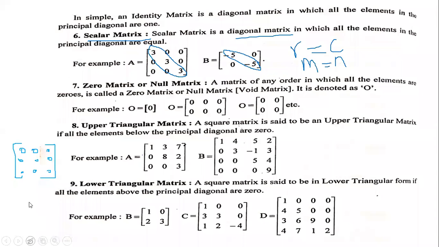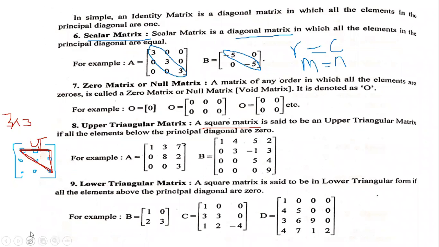So let's say it's a 3 into 3 matrix. It is supposed to be a square matrix. So this is the principal diagonal. This side of the matrix is the upper triangle. If you join all these numbers here, it will form a triangle.